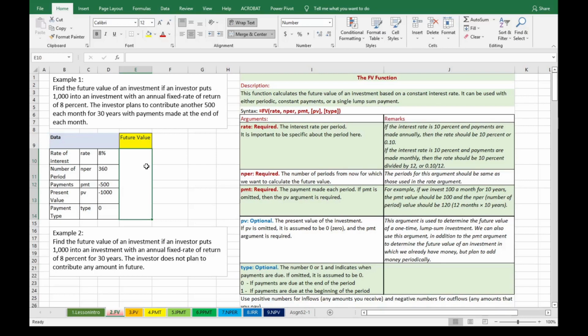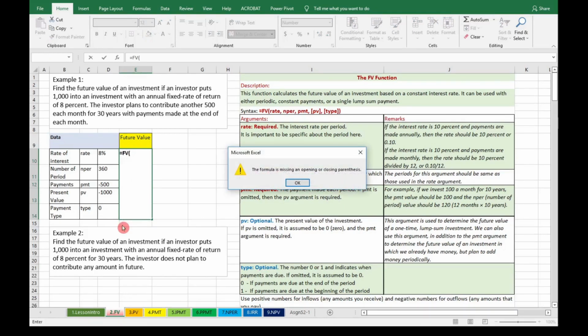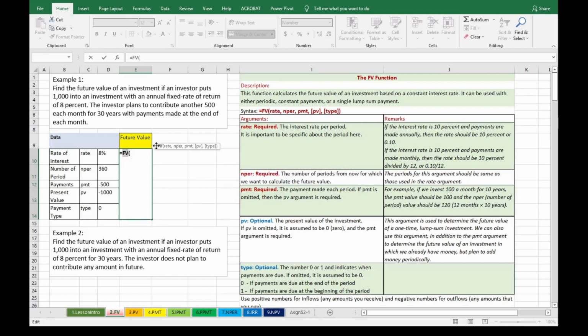Now let's enter the function here equal to FV, that is future value function. So FV, we have got rate is 8%, but we need to be careful because this is 8% annual interest rate. We are making payments per month, so we need to divide by 12. Then NPER is 360, which is already in months.